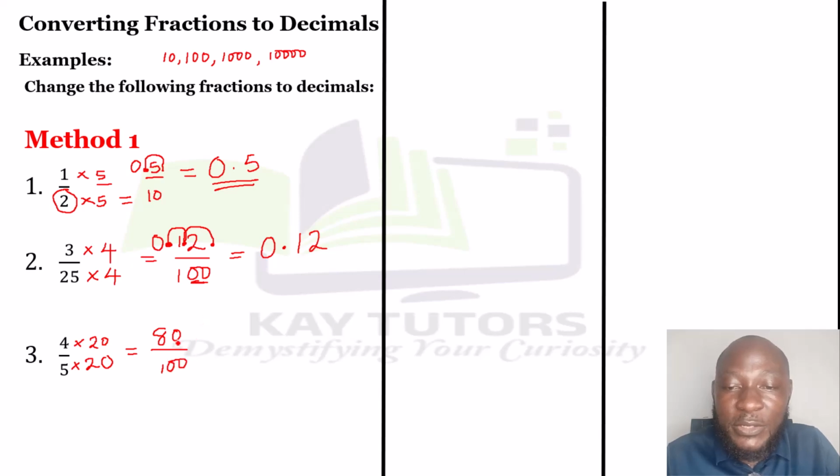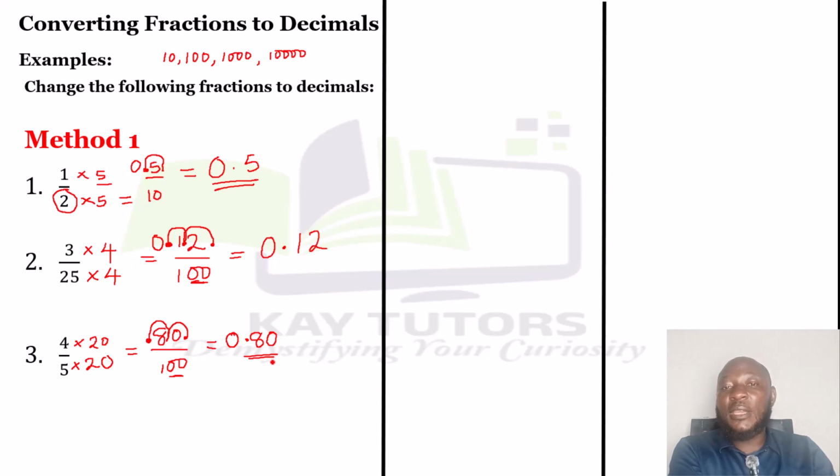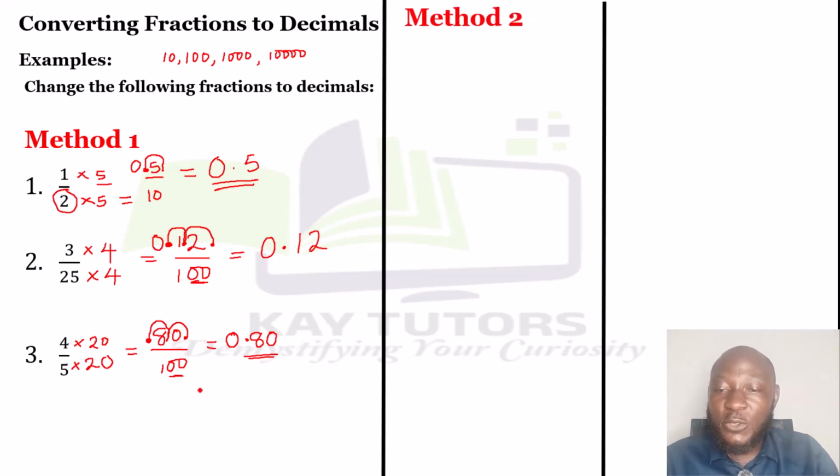So my point is here, right? I'll move my point twice, 1 between and 2 because I have 2 zeros here. And what's my final answer? My final answer is 0.8. If you wish to put your 0, fine. Quickly, let us look at method 2. But before we look at method 2, we can as well say 4 over 5.